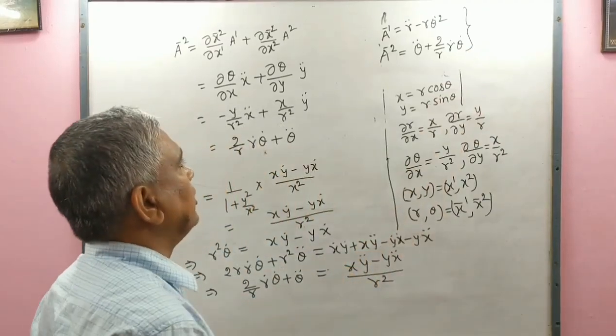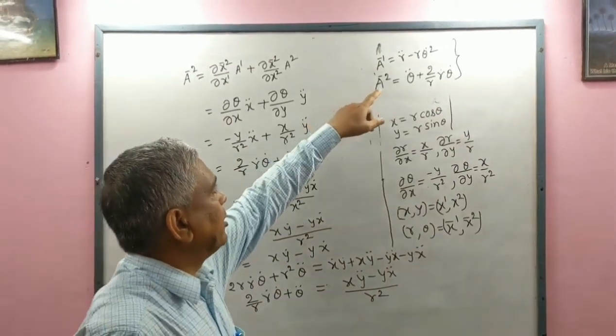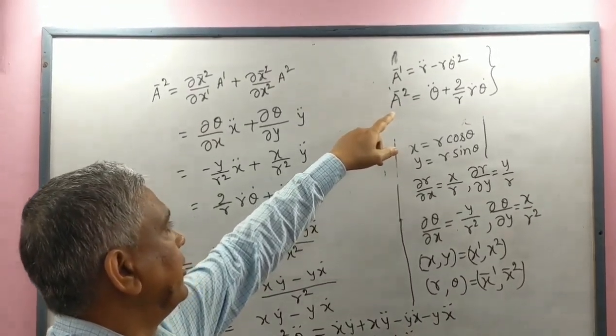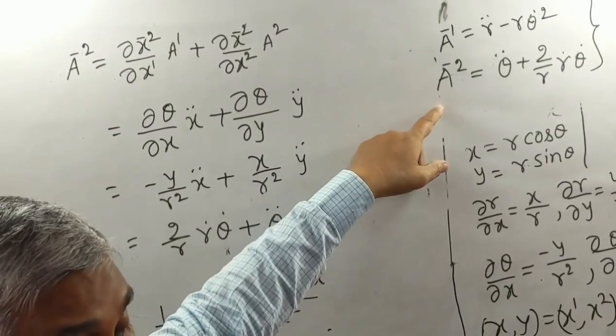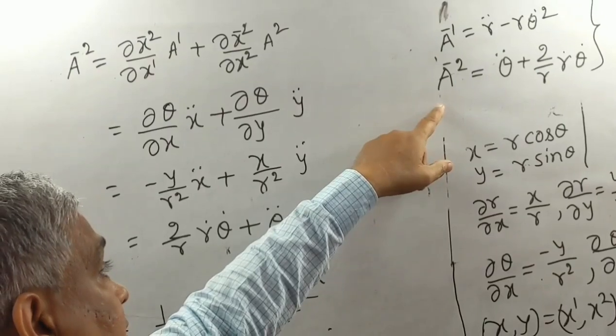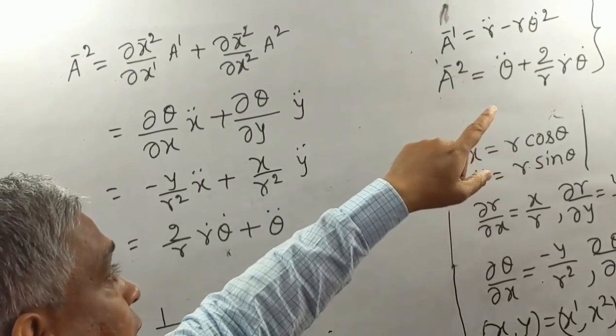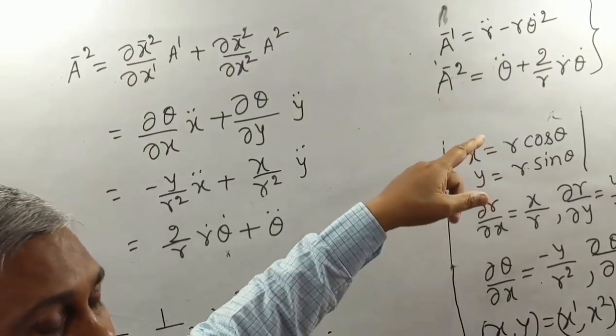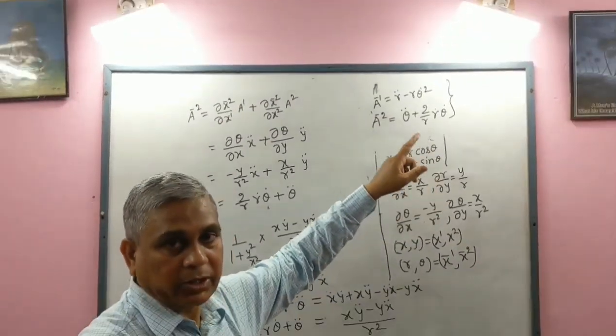These are the components of contravariant vectors in the x bar system of coordinates, that is in the polar system of coordinates. So these are the corresponding quantities of x double dot and y double dot.